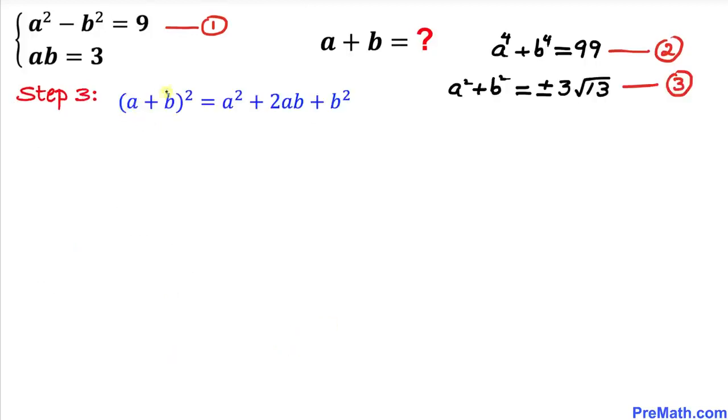And here's our next step. Let's recall this famous identity: (a plus b) square equals a square plus 2ab plus b square. And here in this next step, I have rearranged these a square and b square over here.